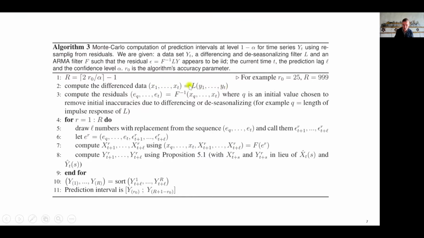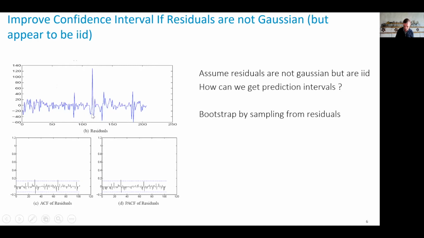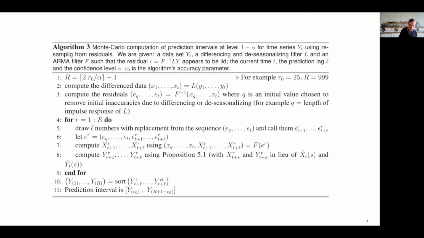I apply the differencing filter L. I apply also the filter F. For some reason in the ARMA literature, it's always F minus 1. That gives me the residuals, once I have fitted the F, and I believe it's a good fit here. And those residuals, this is what I've shown in the previous slide. So now I will treat these residuals as my data.